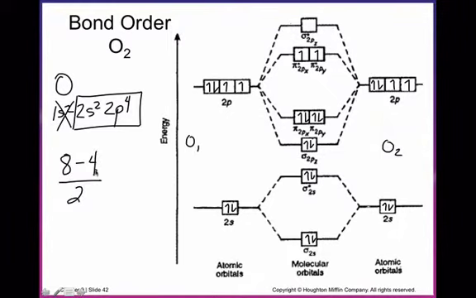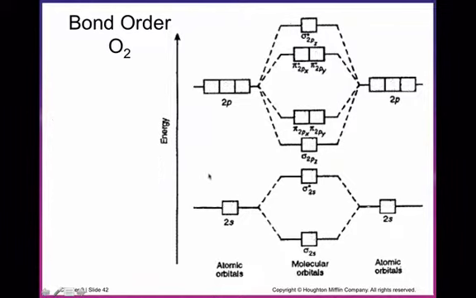So 8 minus 4 is 4, divide by 2 is 2. That should make sense because if we were to draw the Lewis structure for oxygen, it would come up with a double bond. So oxygen has a bond order of 2, and we can see how we calculated it here.